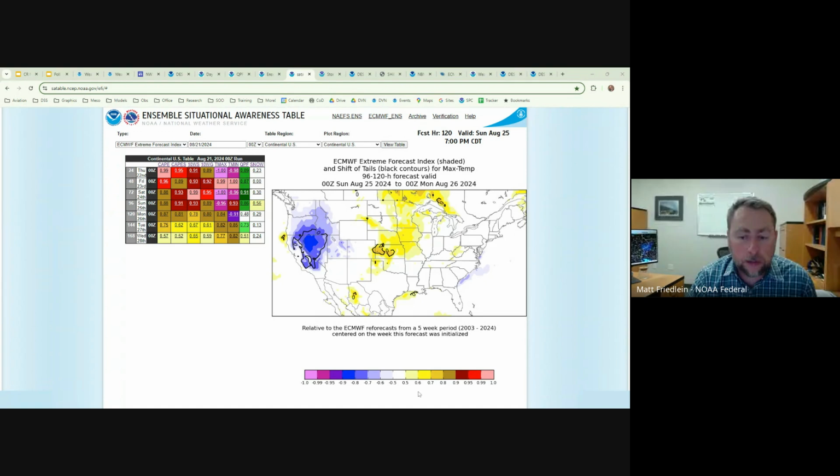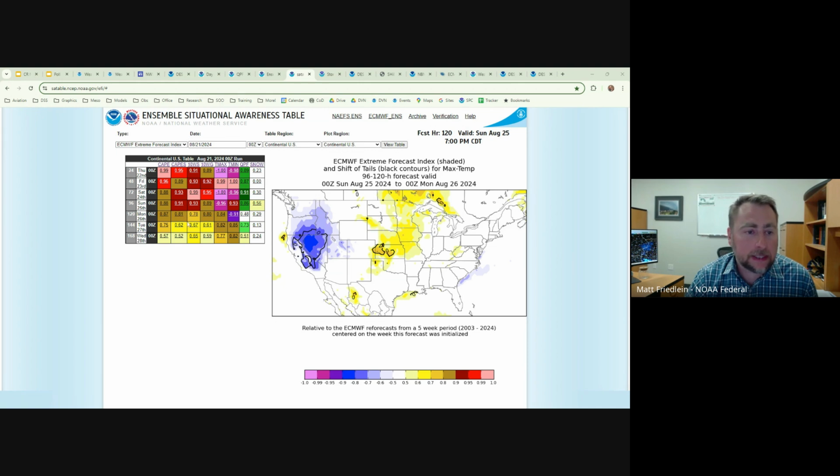The likelihood increases as you get greater, or your confidence, in other words. More model members are showing that in the European ensemble of an unusual event. And then that shift of tails can help quantify how extreme the event might be as it approaches 1 there.